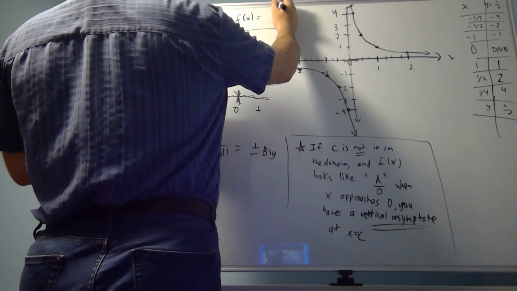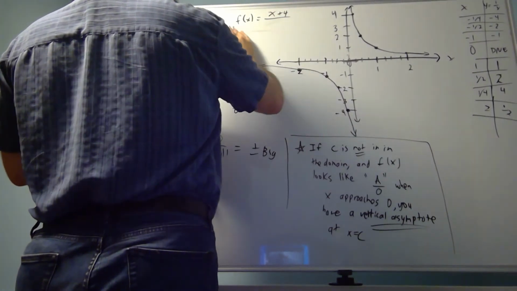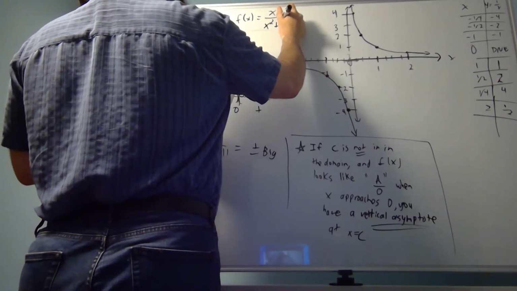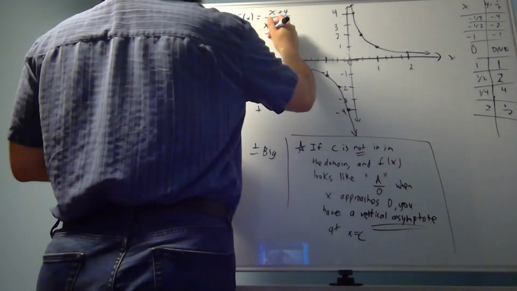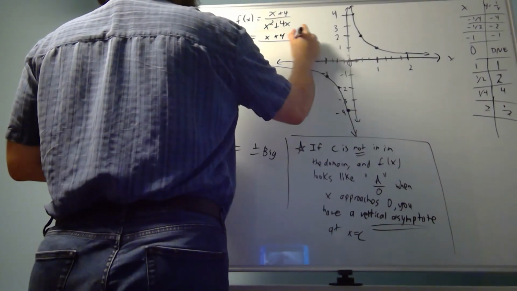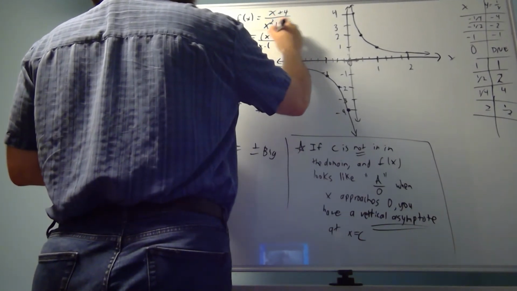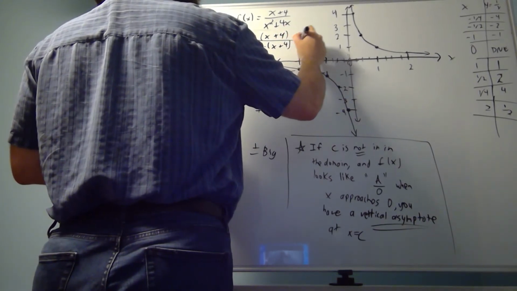I'll explain this in a minute, but let's make the function x plus 4 divided by x squared plus 4x. And let's see what changes here. Well, I had to factor an x out of the denominator. The numerator has an x plus 4, but the denominator also has an x plus 4.